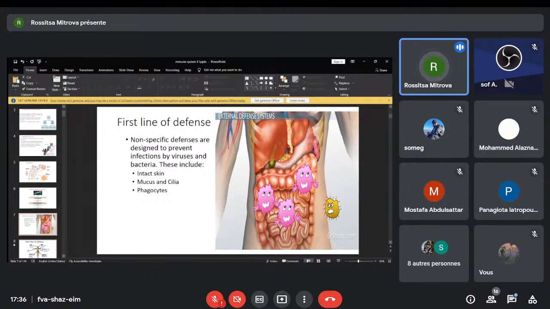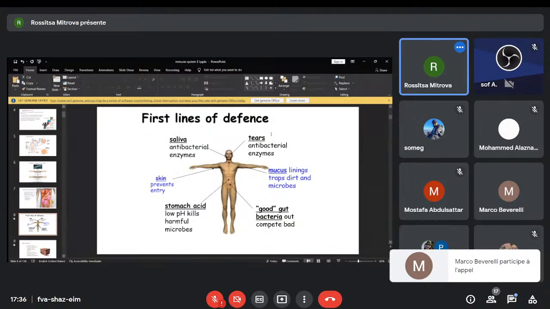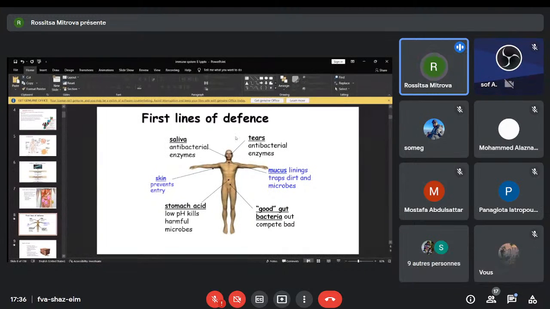The first line of defense, non-specific defense, is designed to prevent infections by viruses and bacteria and includes intact skin, mucous membranes and cilia, and phagocytes, plus saliva and tears.